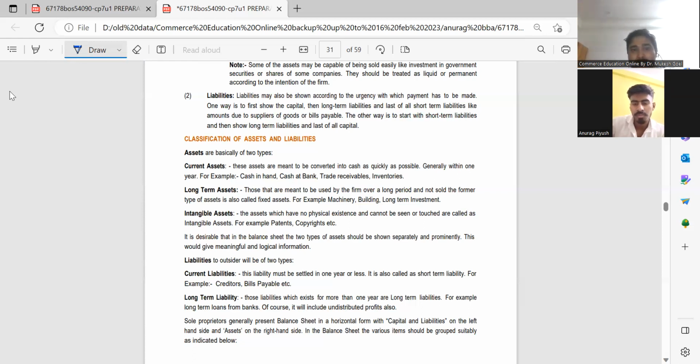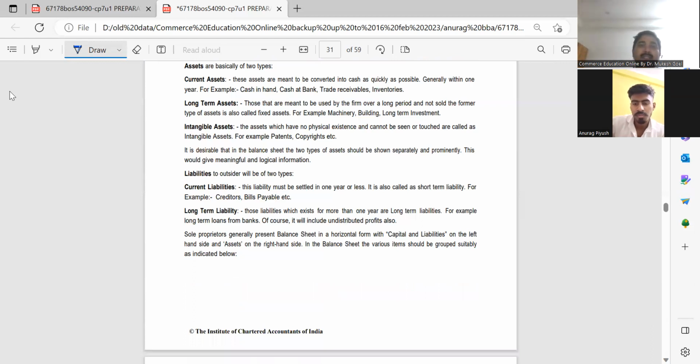Next is liabilities. Just like current assets, they have current liabilities. That means liability payable within a year. Examples are creditors, BP, outstanding expenses, unaccrued income, short-term loan from bank or any financial institutions.